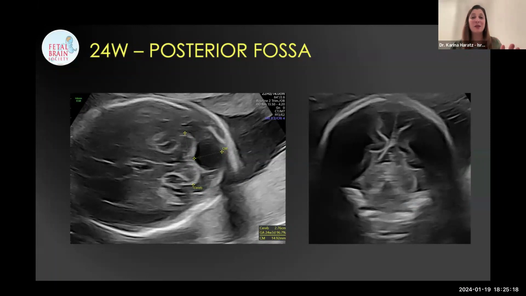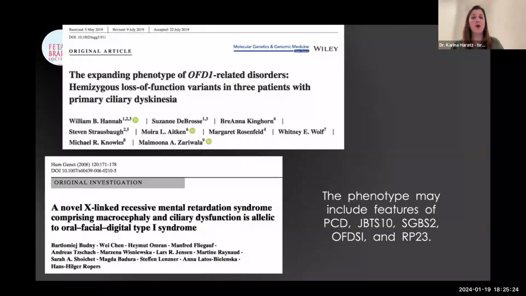Everything else is not important, but this is a Joubert feature. Do not ignore it. Okay, and we understand that in OFD-related disorders that are ciliopathy, we can have also macrocephaly and components of overgrowth syndrome because the OFD and the mTOR pathway may meet somewhere in the middle, but together with these Joubert syndrome findings.